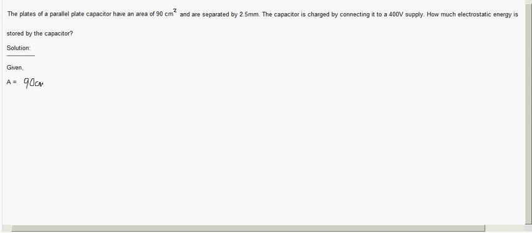You have to convert everything into SI unit. And the distance of separation between the plates d is also given, which is equal to 2.5 mm.